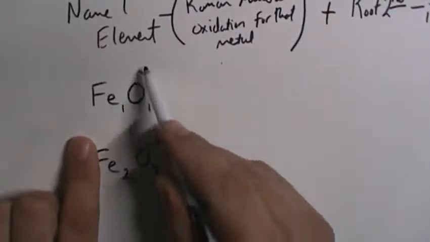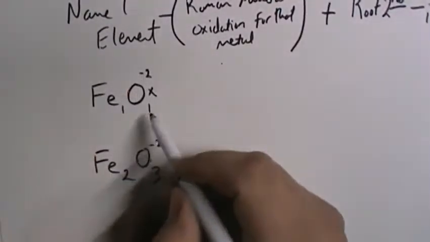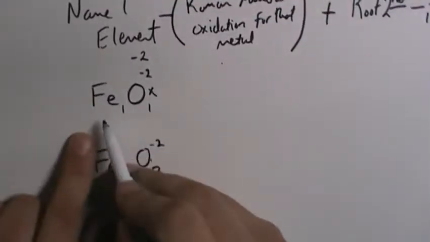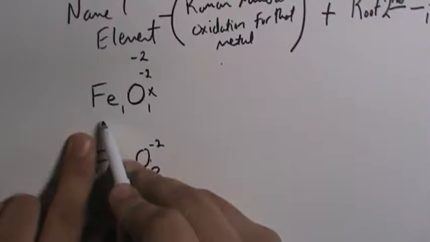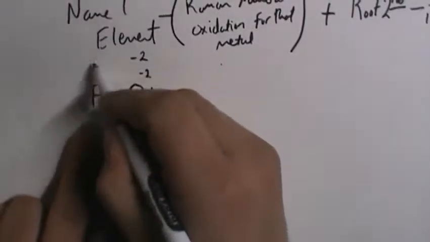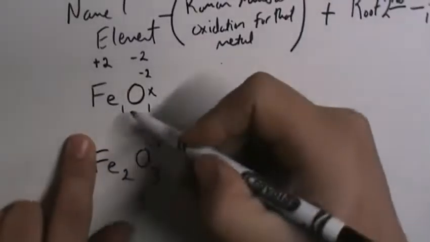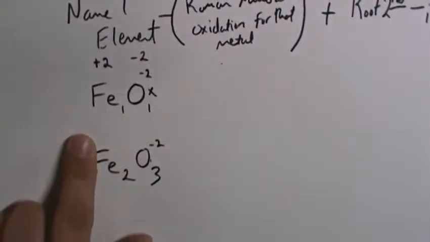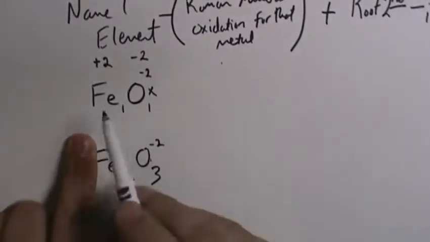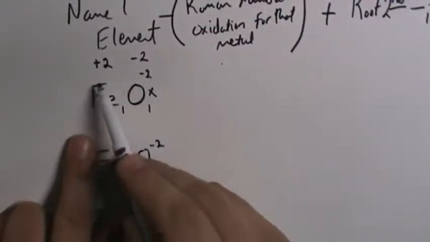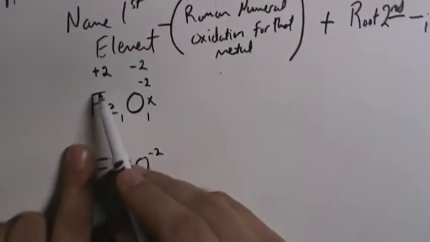So we multiply these two together, and there's a -2 in this half of the compound. Well, iron has to cancel out that -2 charge, so it gets a +2. There's only one atom of iron to accept that +2 charge, therefore every iron atom in FeO has a +2 oxidation state.